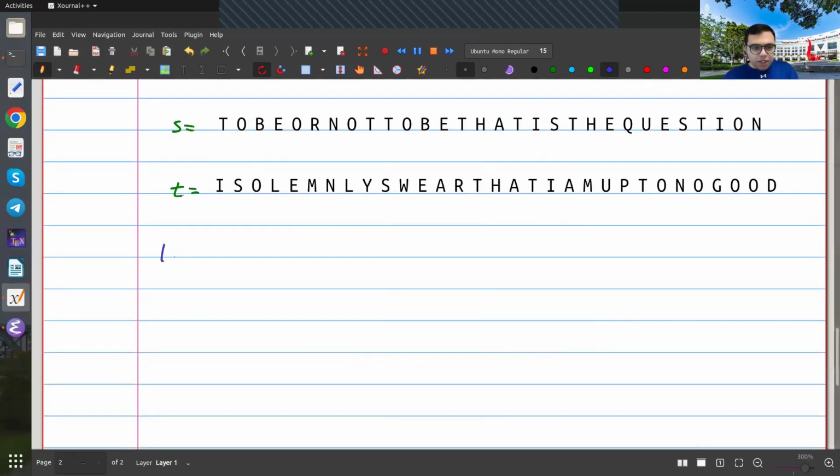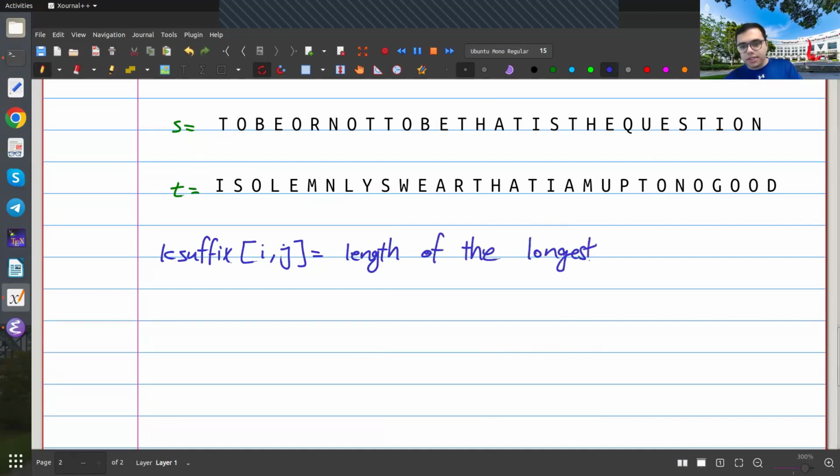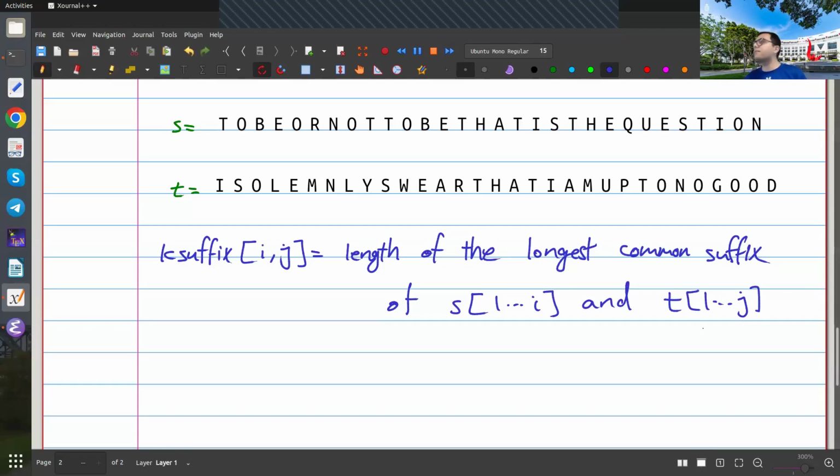So I just say longest common suffix of ij is exactly what you would expect: the length of the longest common suffix if I only have the first i characters of my first string and the first j characters of my second string.